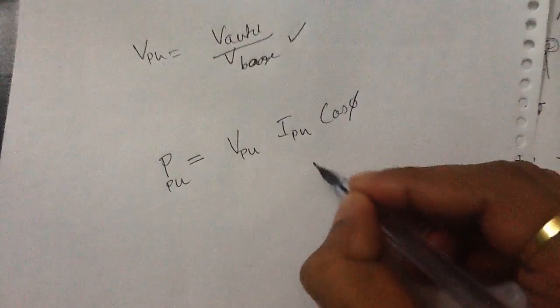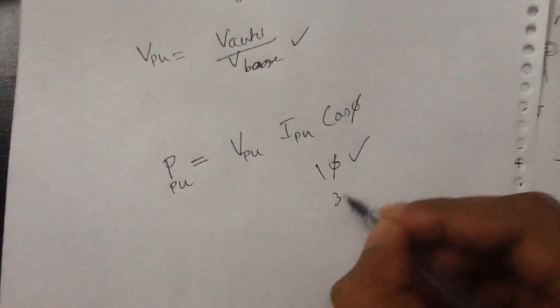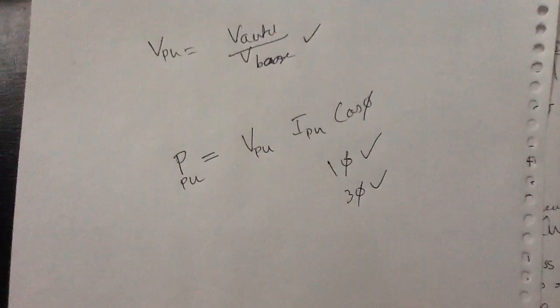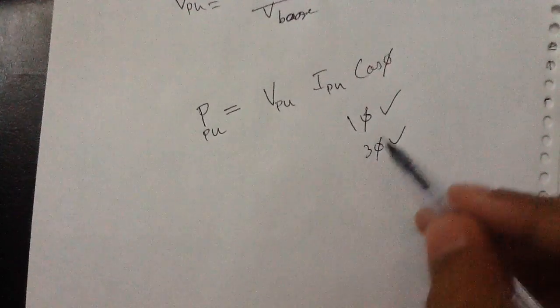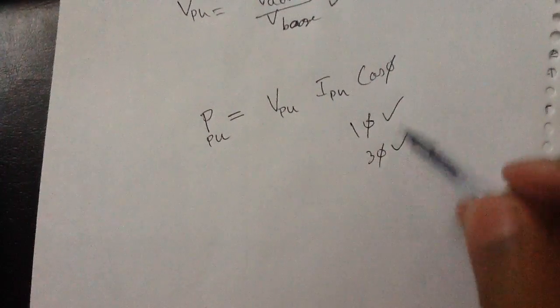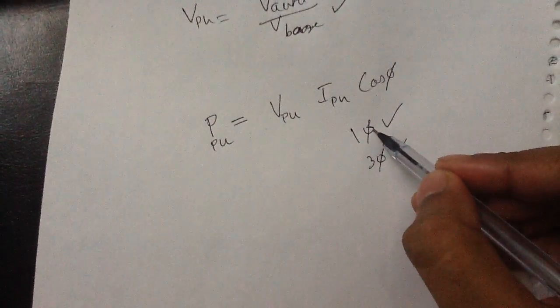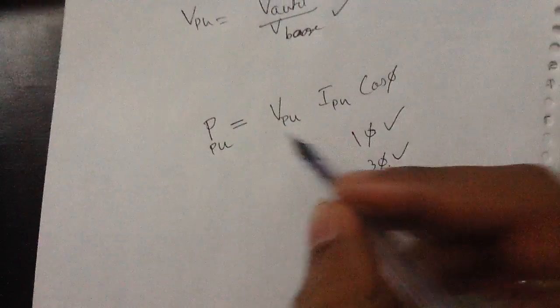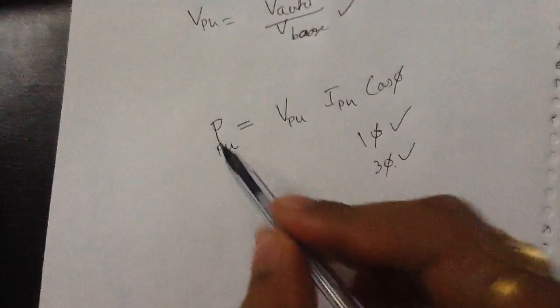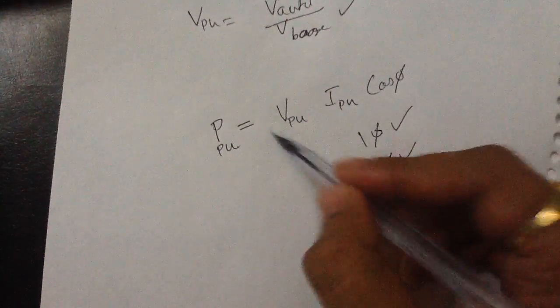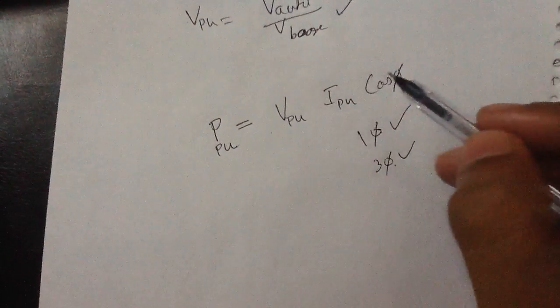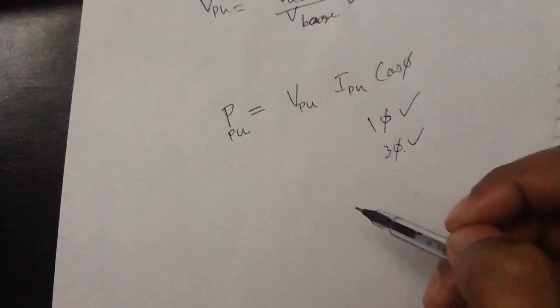This formula is valid for single phase system and also valid for three phase system. This is a very important point. For single phase system or for three phase system, the per unit value of the real power equals the per unit value of the voltage into the per unit value of the current into the power factor.